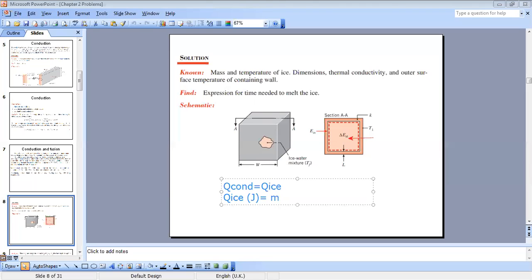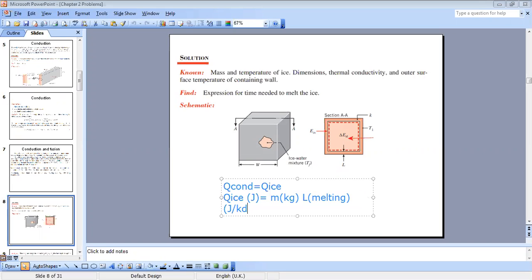Now I will do it in general. So it's M times the latent heat of melting. I will call it LM. The unit for M will be in kilogram or gram, but if it is in kilogram, L will be in joule per kilogram.